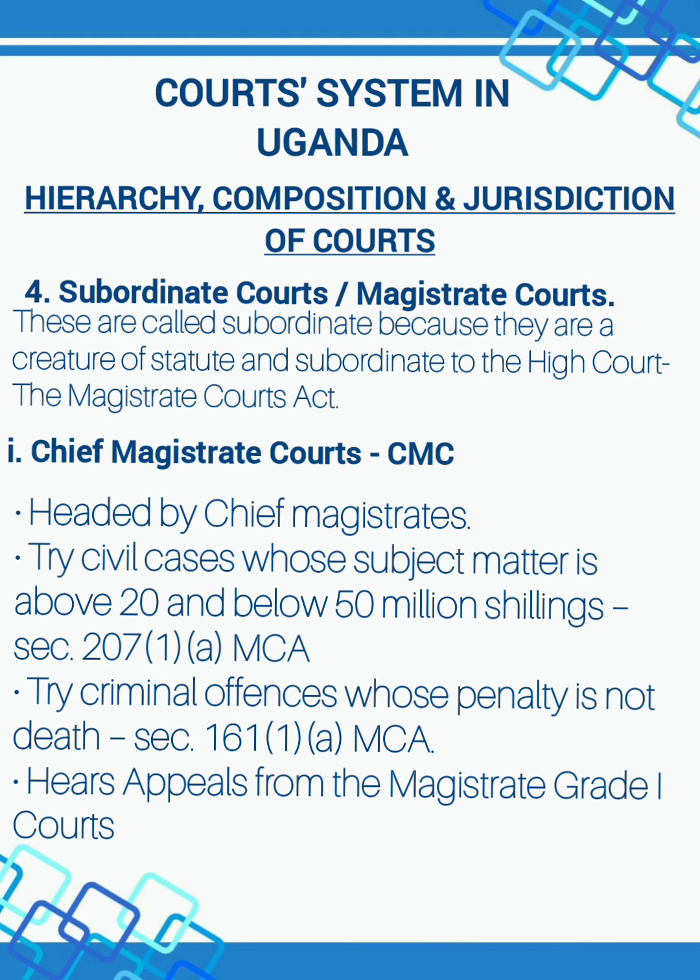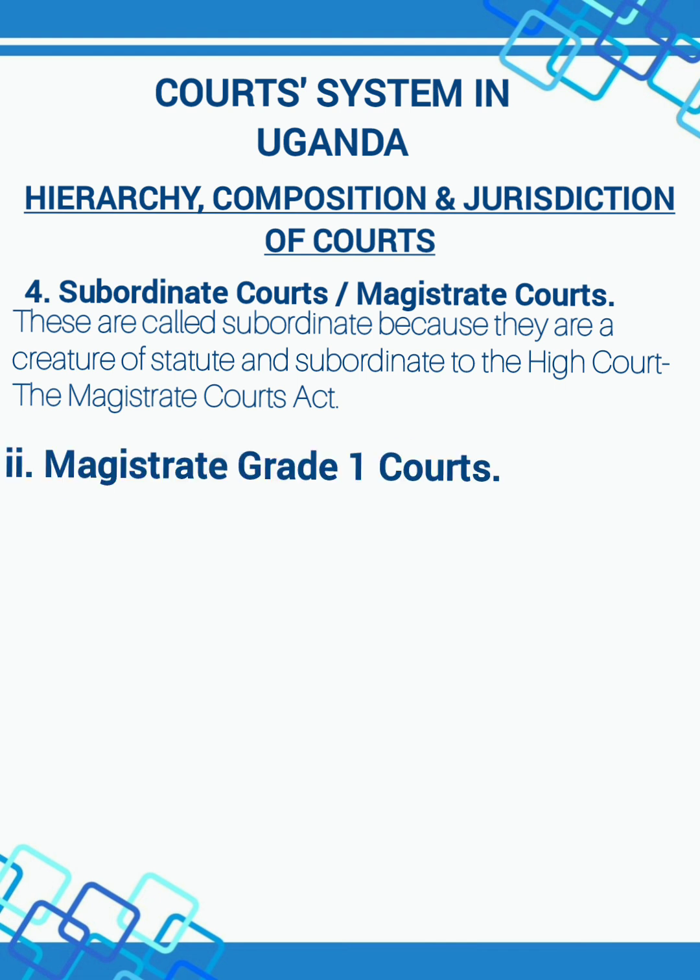So we've said for civil cases, if the subject matter is above 20 million shillings but below 50 million shillings, the Chief Magistrate has jurisdiction to try that case. And for criminal offenses whose penalty is not death, the Chief Magistrate shall have jurisdiction to entertain that case. Let's go to Magistrate Grade 1.